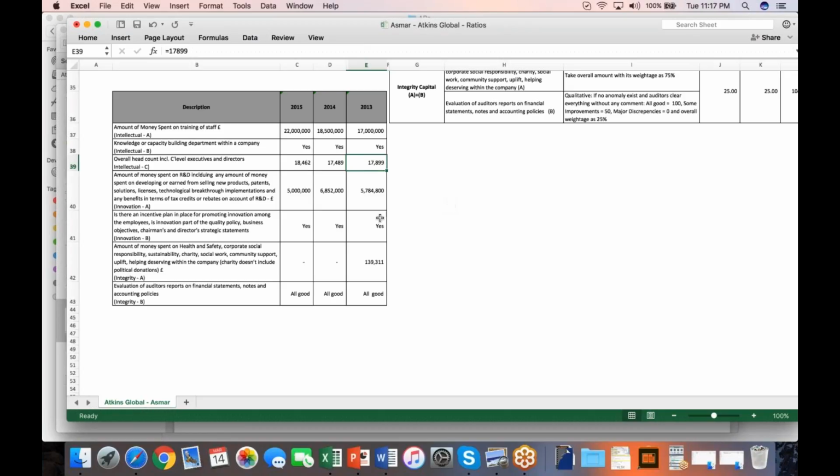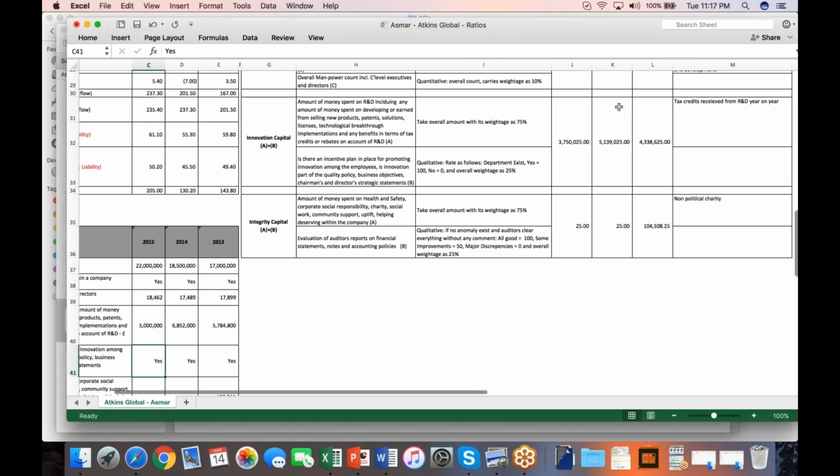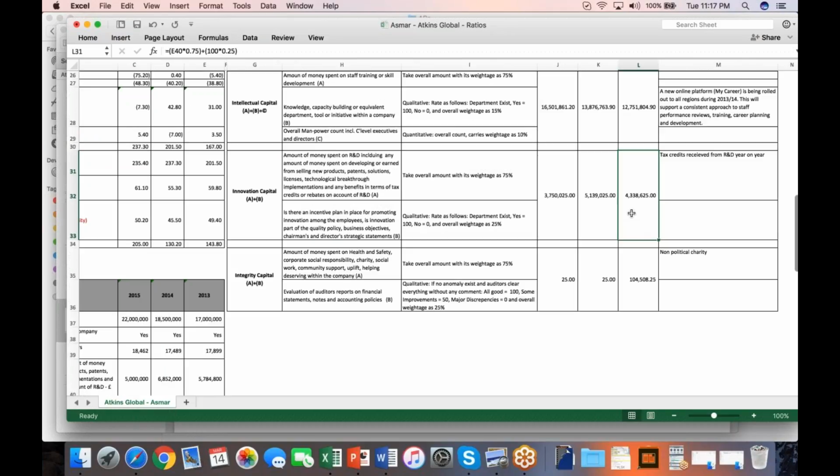So now the second thing: is there an incentive plan in place for promoting innovation among employees? This is more qualitative. Yes, and they have things in place. Which means their innovation capital has actually decreased a little bit, because they spent less.